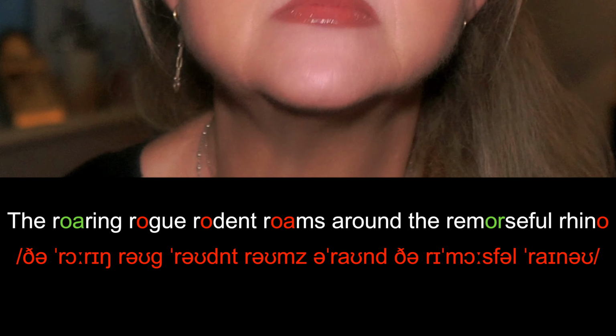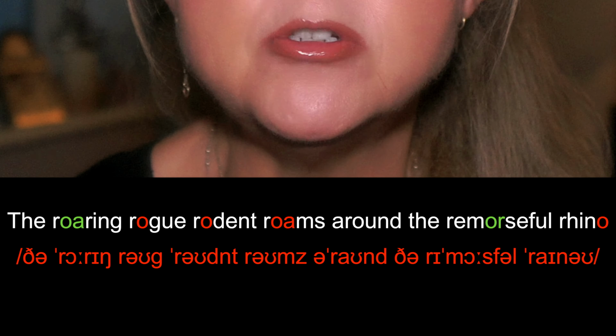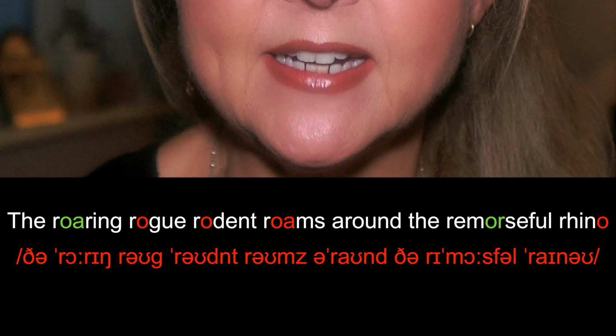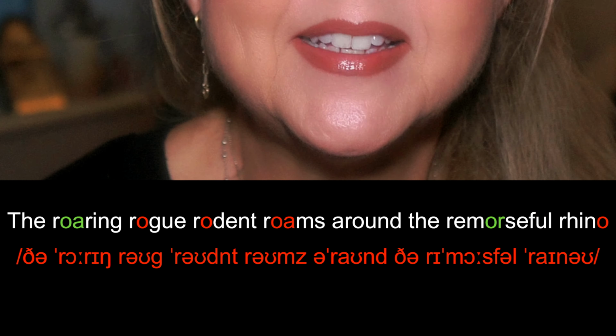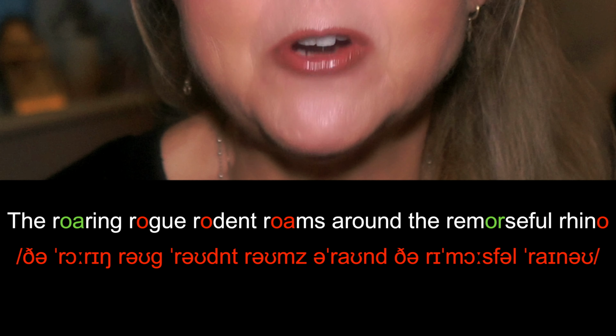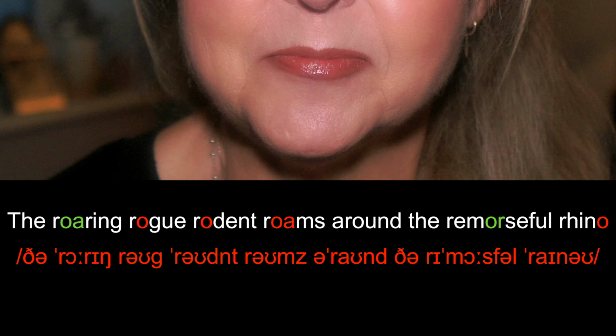Ready? The roaring rogue rodent roams around the remorseful rhino. Now a bit faster. The roaring rogue rodent roams around the remorseful rhino. How did you do? Great.